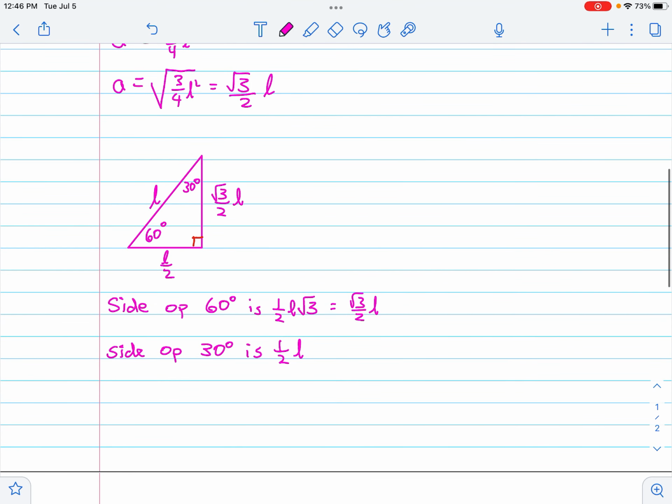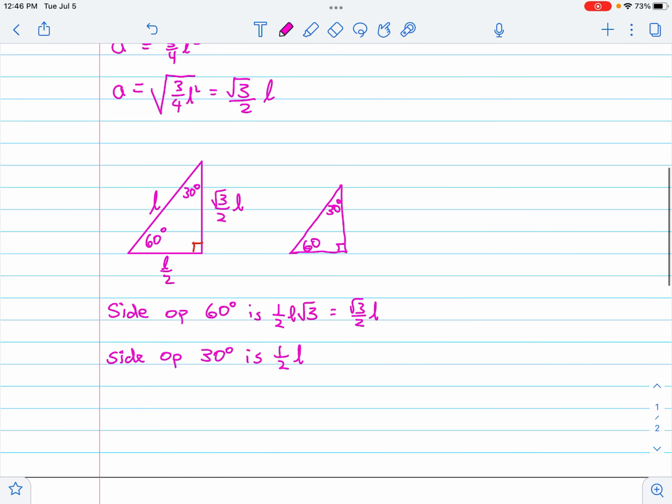So, for example, let's suppose that we've got a 30, 60, 90 triangle. Here's 60 degrees, here's 30 degrees. And let's suppose the hypotenuse is 12. The side opposite the 30 degrees is going to be 6.